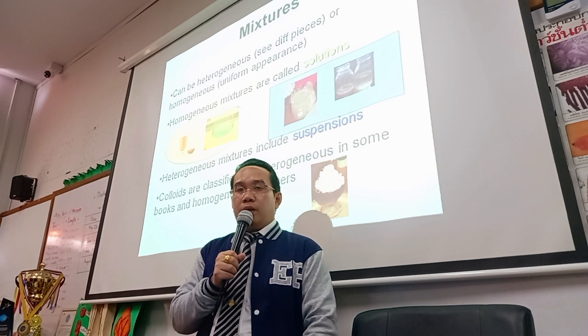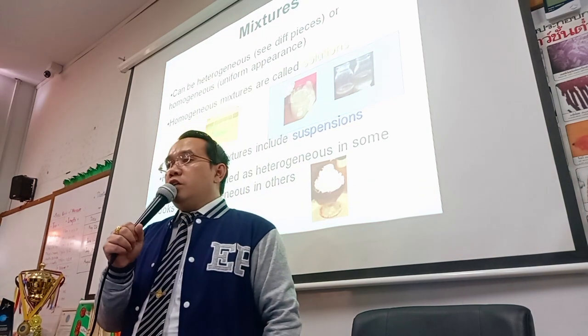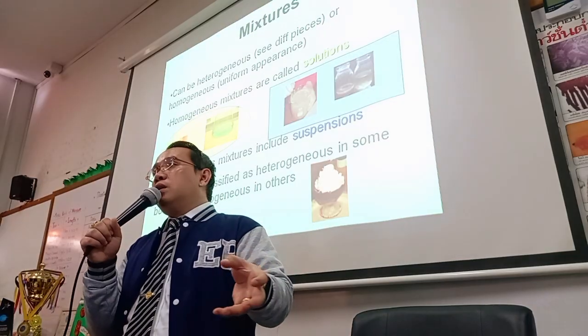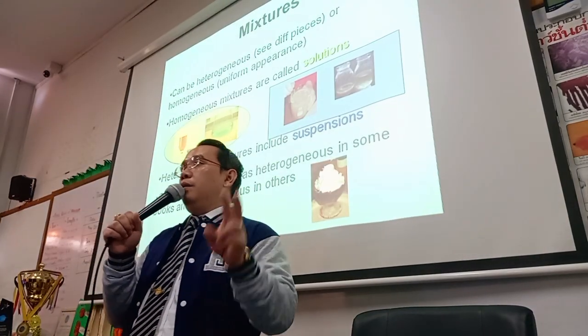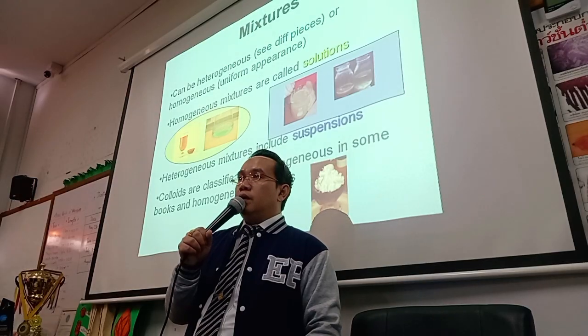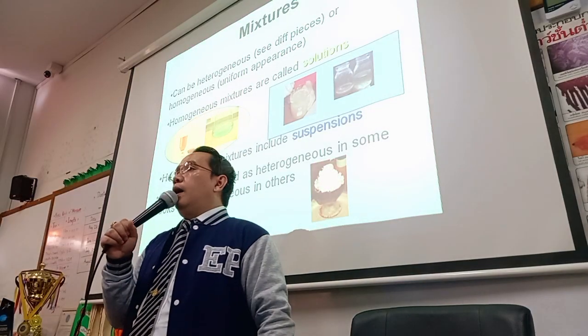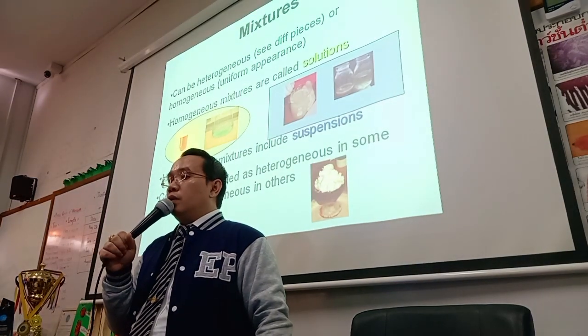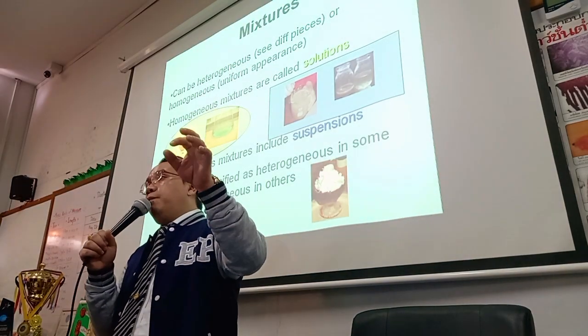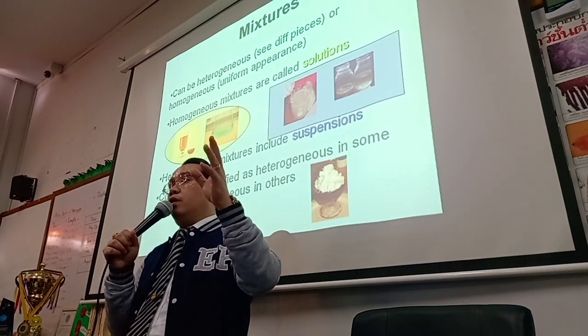Homogeneous mixtures are called solutions. Even if we mix them up, for example, mixing sugar and water, mixing salt and water, or mixing juice and water, they are homogeneous mixtures because they end up with the same appearance. Only one color appears.